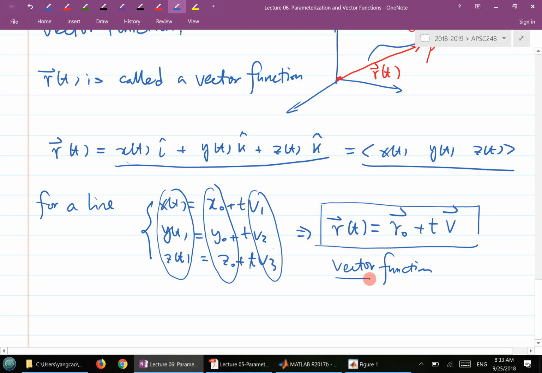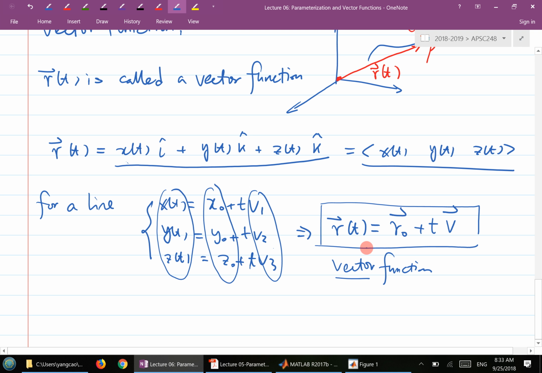Calculus for a typical scalar function means you do derivatives and integrals. We want to do exactly the same thing. How do I do integrals for this vector function? How do I do derivatives for this vector function?